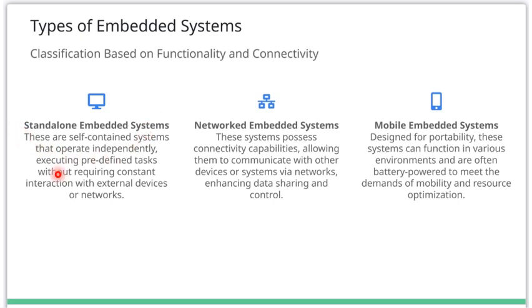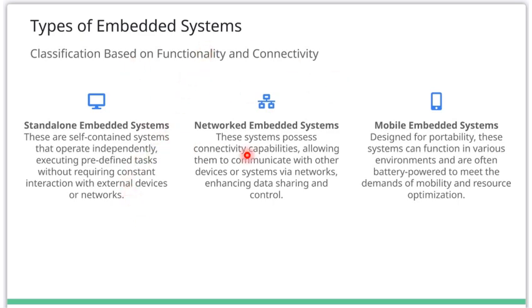These are self-contained systems that operate independently. They are not connected with other embedded systems. Some predefined task is already scheduled in the main processor or core, without requiring any constant interaction with an external device or network. Standalone systems.